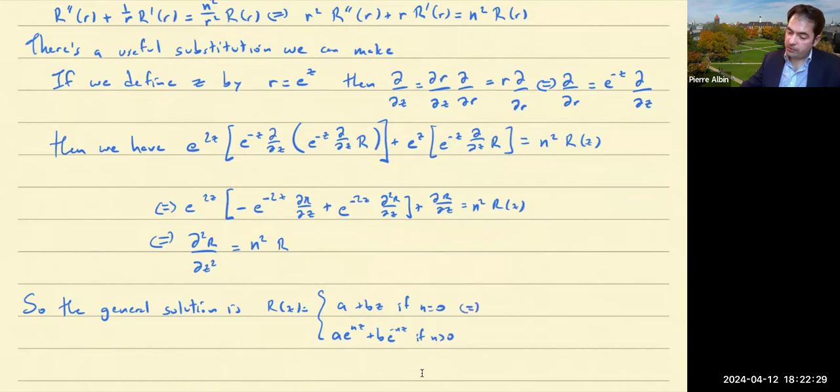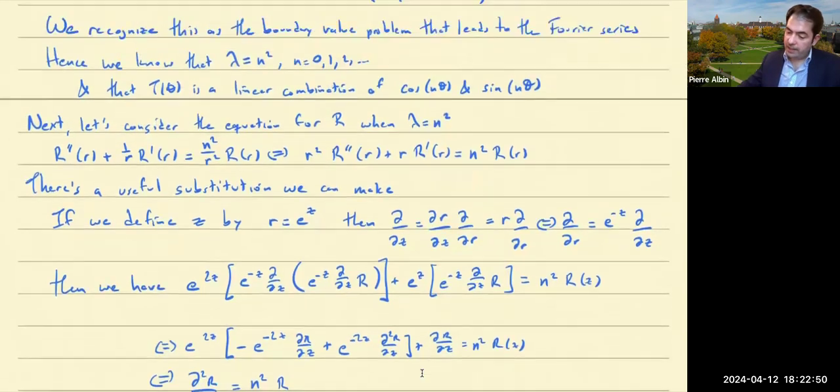Or if I switch back to the variable r, then capital R of little r is equal to a plus b times log of r if n is equal to 0, and then a r to the n plus b r to the minus n if n is greater than 0.